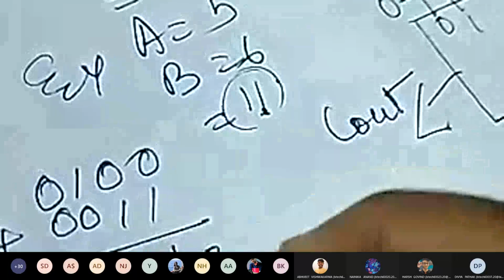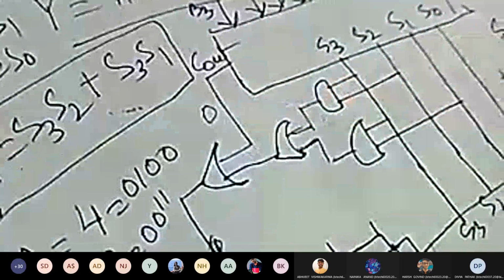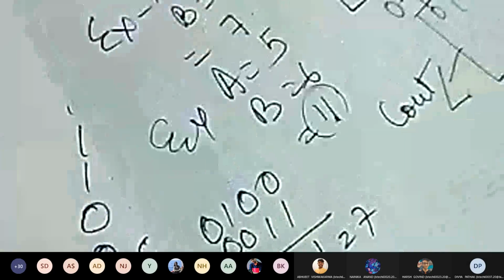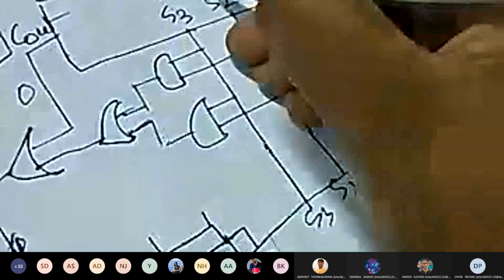This is equal to 7, so no carry is generated here. If no carry is generated, that means Cout is equal to 0. Is it clear? And it is a BCD number. So S3 will become 0, S2 will become 1, S1 will become 1 and S0 will become 1 after adding.